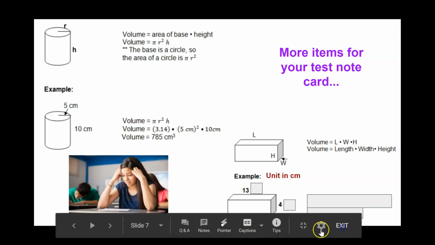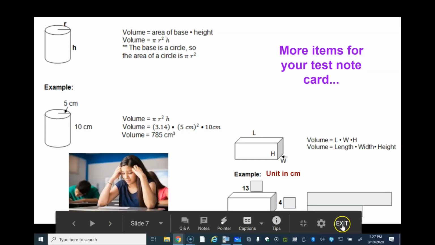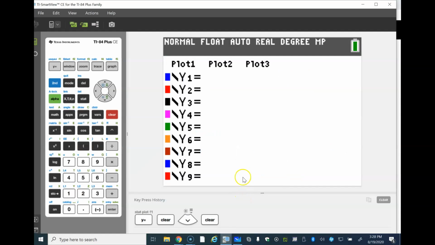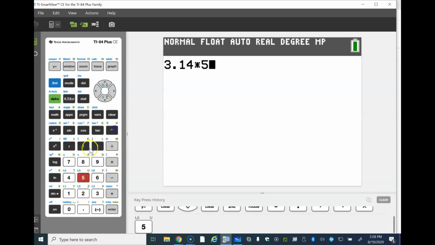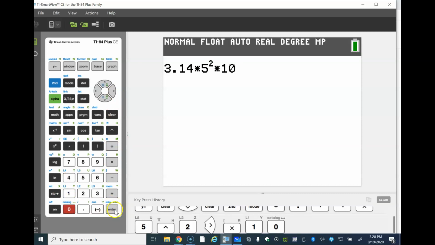So let me quickly put this in. 3.14 times 5 squared times 10. Are we good now, Dominique?